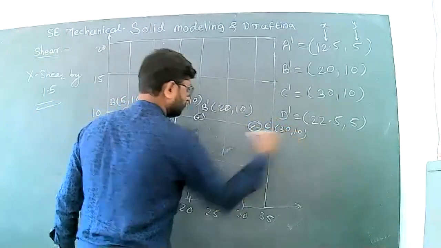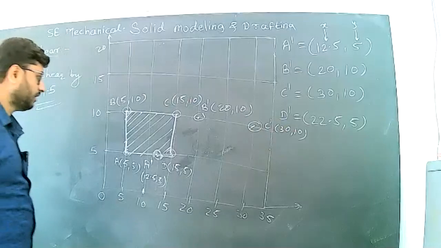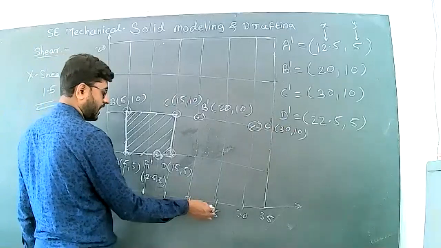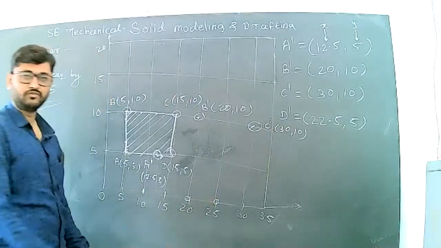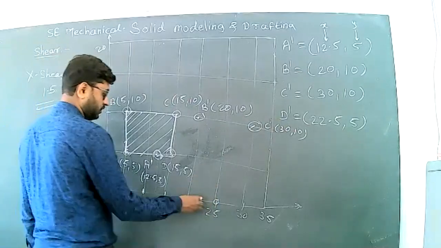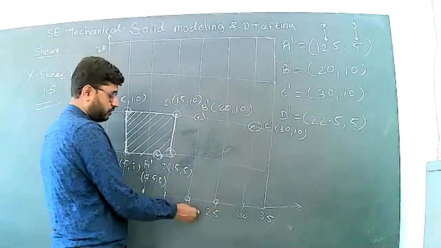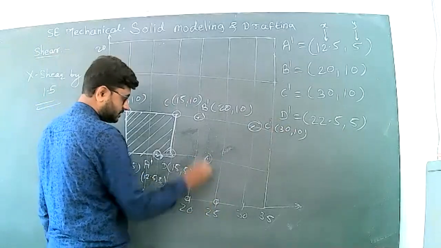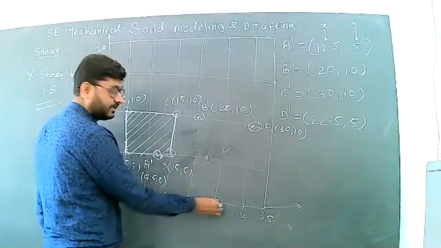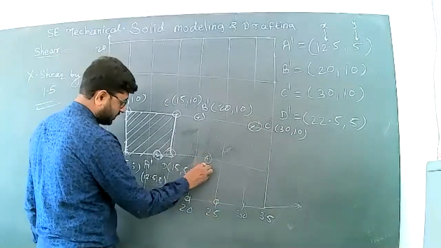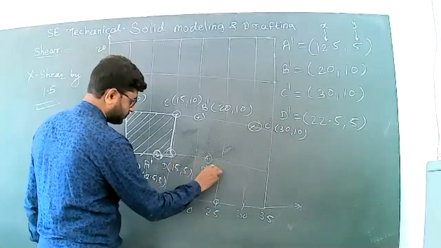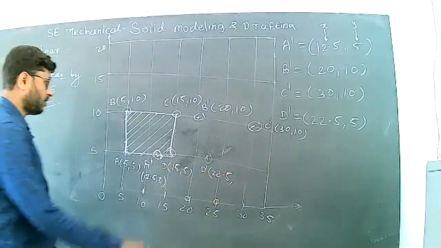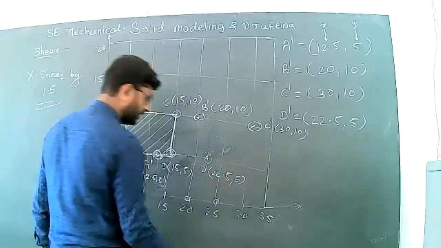And D dash: x is 22.5 and y is 5. Here the distances are 20, 25, so 22.5 is located somewhere in between. This point is D dash, with y distance 5.